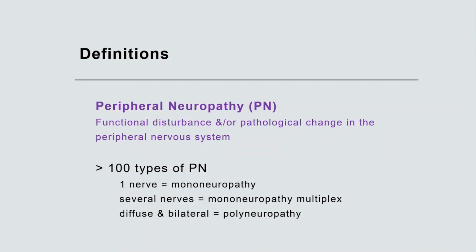And that has a role in what we see in terms of assessment, but also in terms of our investigations as well. So we need to be able to determine that not everyone with diabetes develops diabetic peripheral neuropathy, for example, and someone with diabetes could also still develop a mononeuropathy or maybe a mononeuropathy multiplex.